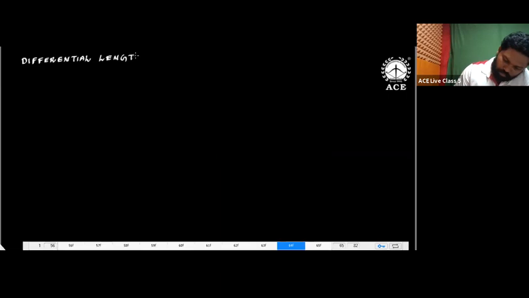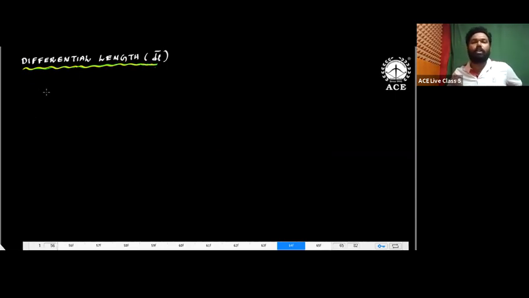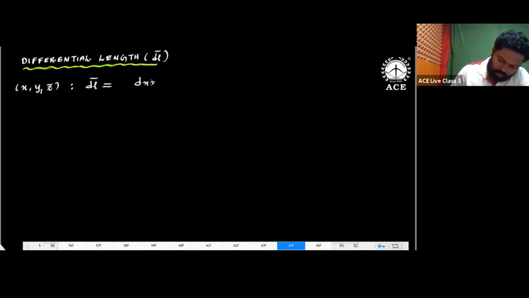Let us start with the differential length beta. Can you write down the differential length for the Cartesian coordinate system? x, y, z. dl is equal to dx x cap plus dy y cap plus dz z cap.